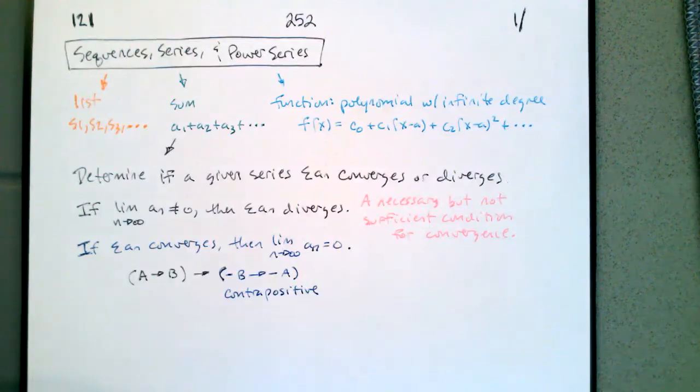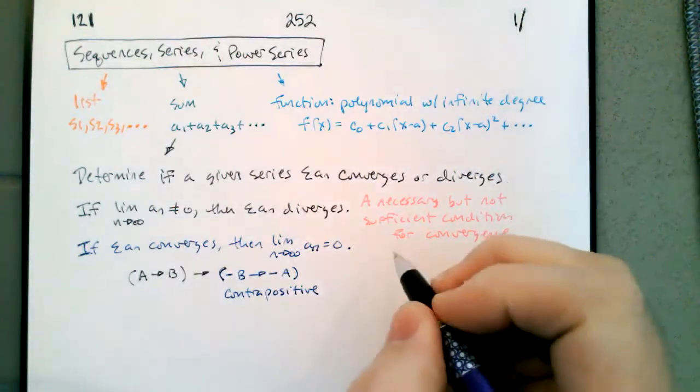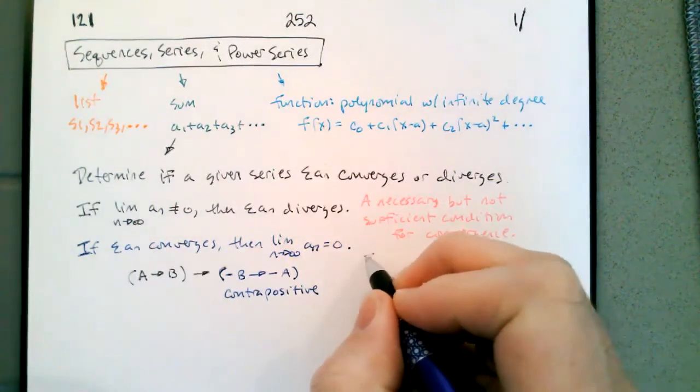So from this, we know that the limit of the terms has to equal 0, but it's not that the terms go to 0, it's how the terms go to 0. That's the important takeaway here.